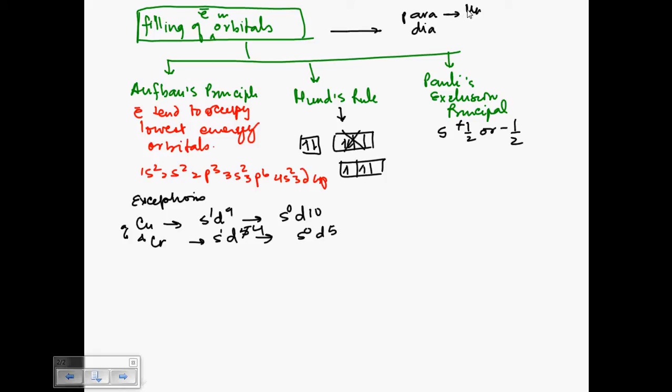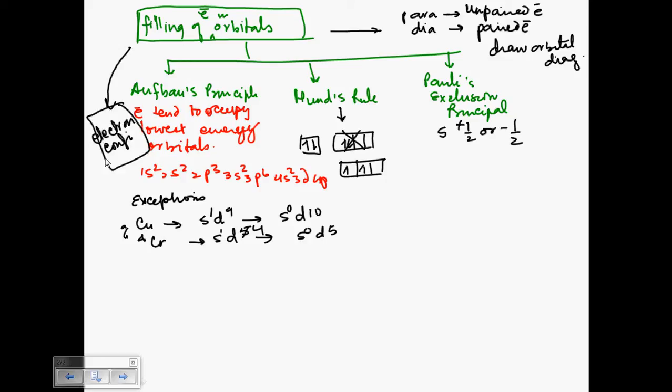They have unpaired electrons, and the only way to figure out paramagnetism or diamagnetism is to draw orbital diagrams. And talking about drawing orbital diagrams, filling of orbitals leads to electron configurations.